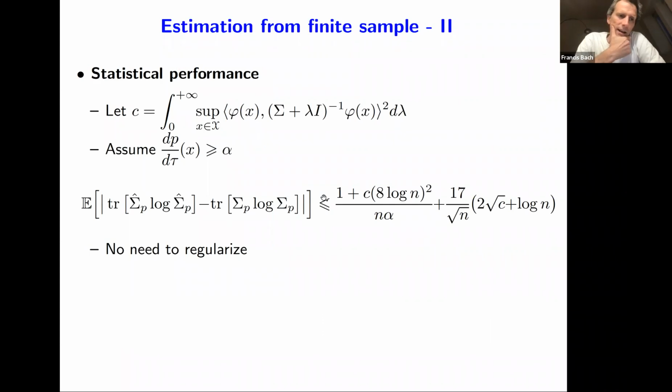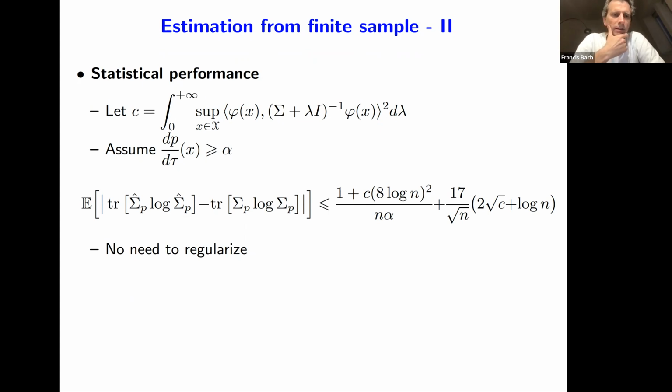Here you can have a very precise upper bound, and that upper bound relies on quantities which are often used in the analysis of kernel methods. For the experts in kernel methods, they recognize here the leverage scores, the squared leverage scores, and this is typically the analysis of kernel methods, often called the maximal degrees of freedom.